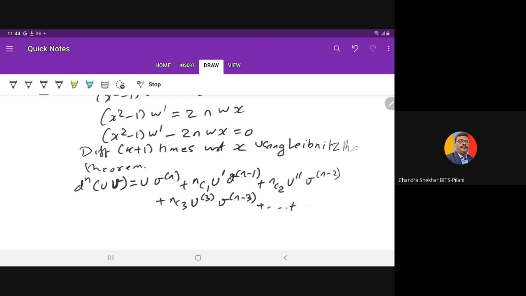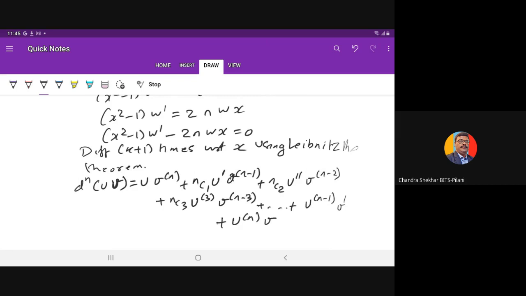Then we have the n minus 1th derivative of u and first derivative of v, plus the nth derivative of u and v as it is. So that is the Leibniz theorem. We use it for determining the nth derivative of the product of two functions.